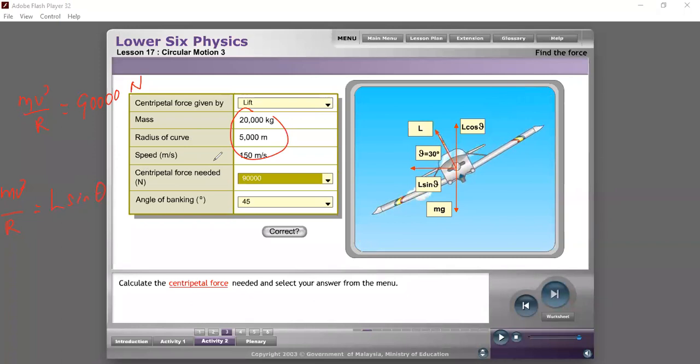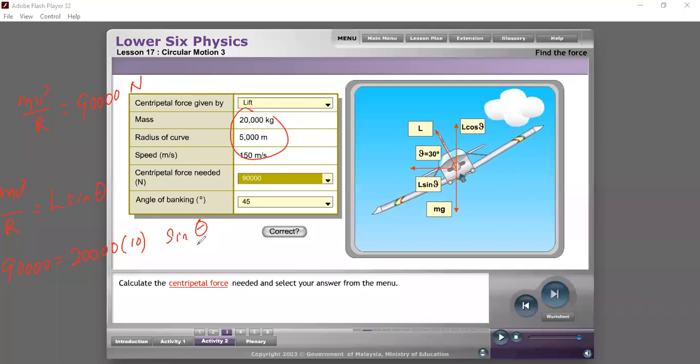Okay, so if L sin delta, L is equal to mg. So that means 90,000 is equal to mg. M is equal to how much? Okay, so 20,000 times 10 sin delta.